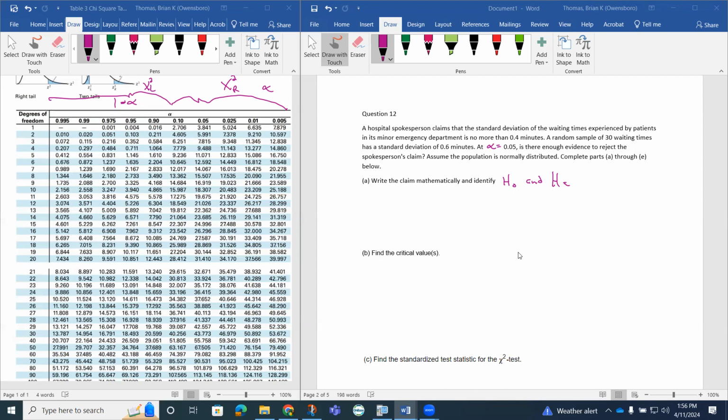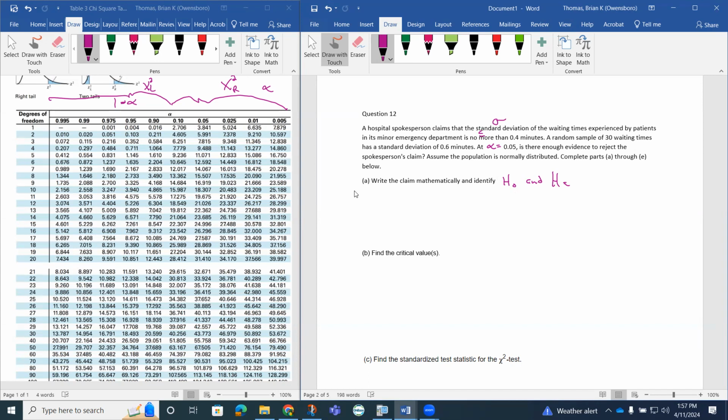So first off, we want to write the claim and identify mathematically what H sub 0 and H sub A are, so the null hypothesis and the alternative hypothesis. So a spokesperson claims that the standard deviation of waiting times, so standard deviation is sigma, is no more than, which is less than or equal to 0.4 minutes.